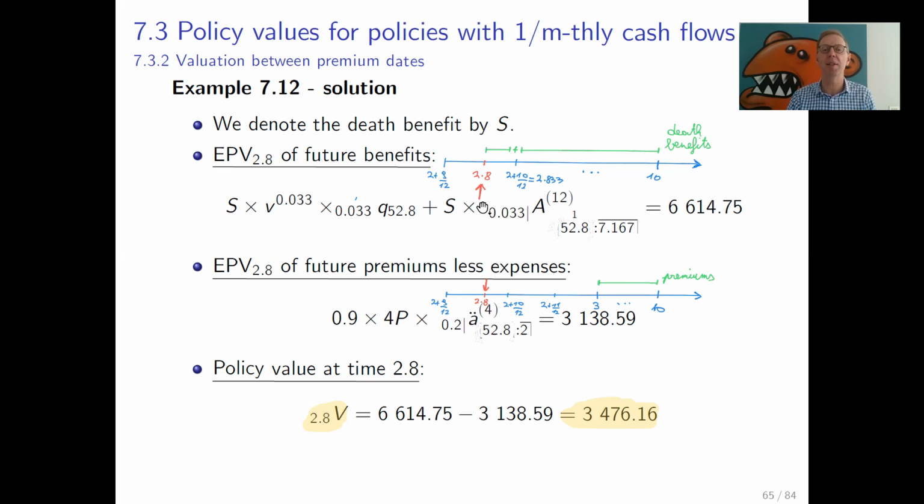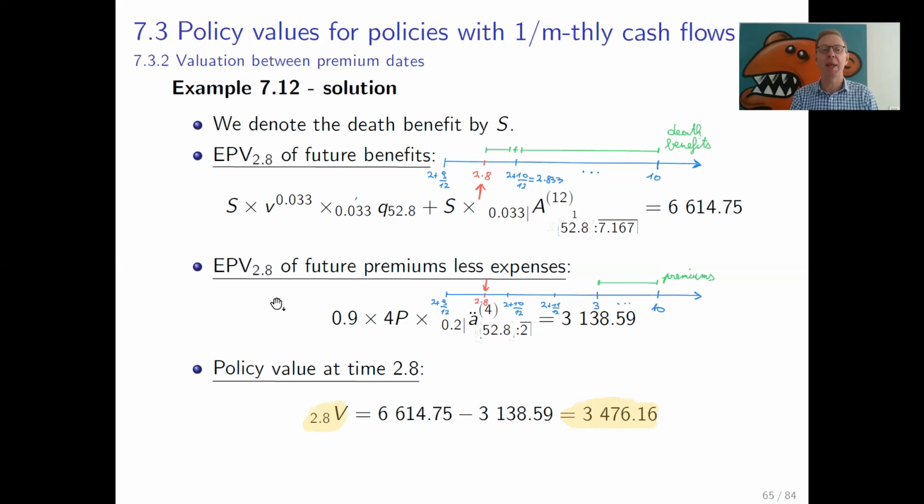And if we calculate this, this amount here, S multiplied by the deferred term insurance, is the actuarial value at time 2.8 of the future benefit payments from time 2 plus 10 over 12 on, and the sum of all the actuarial values in the first period and in the second period gives us this amount of 6,614.